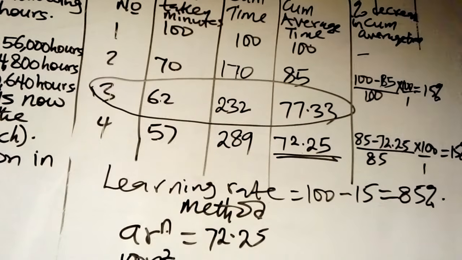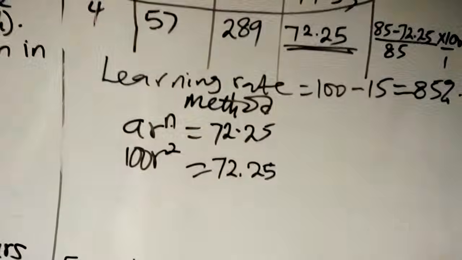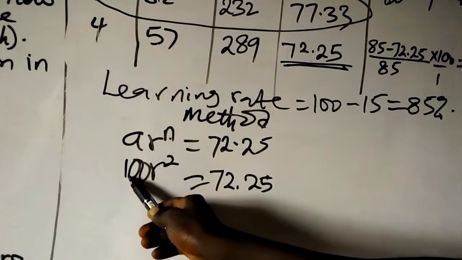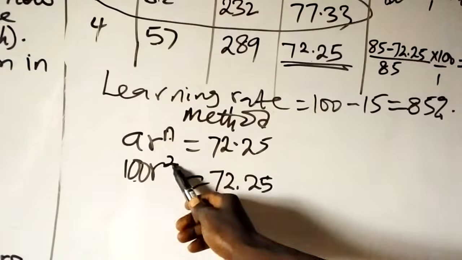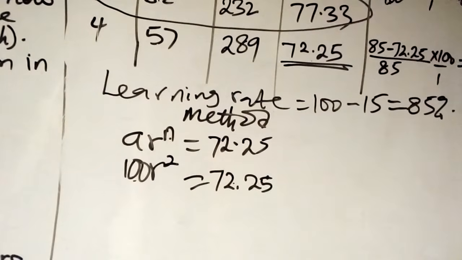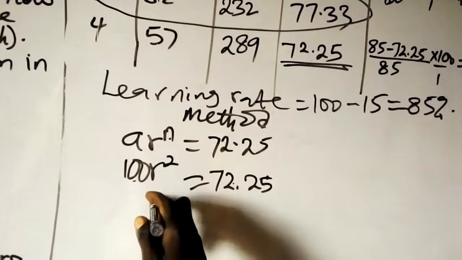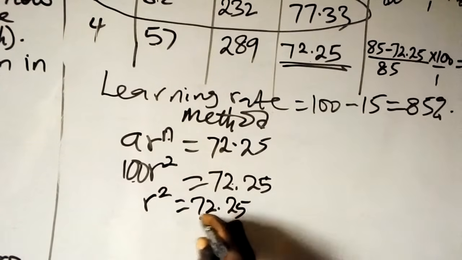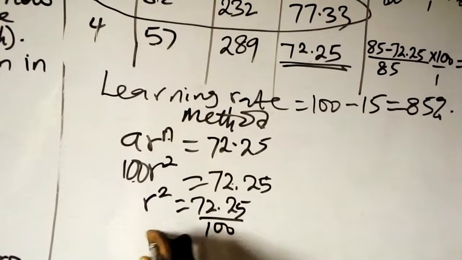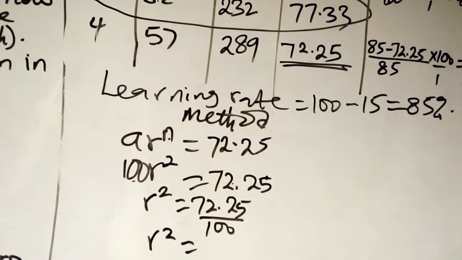You want to make R the subject of the formula. Divide both sides by 100. You have R squared equals 72.25 divided by 100.